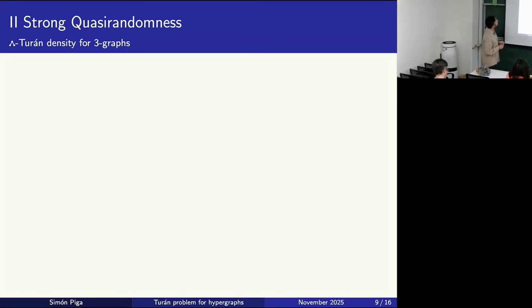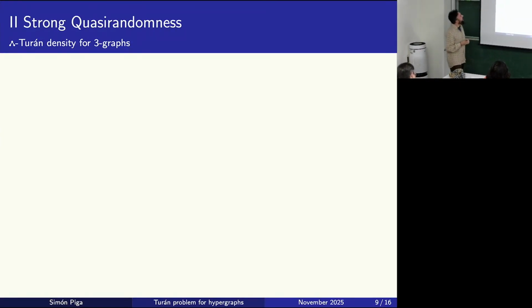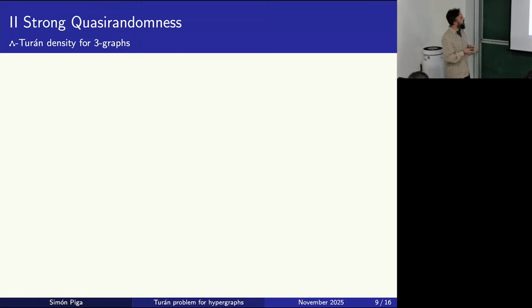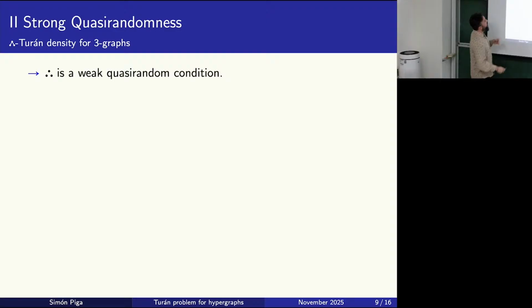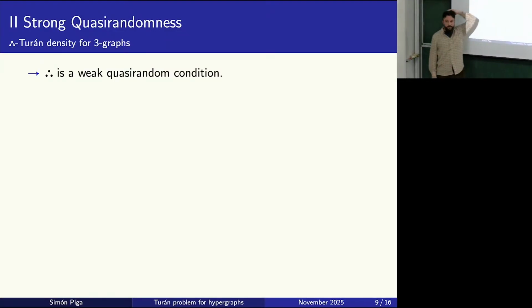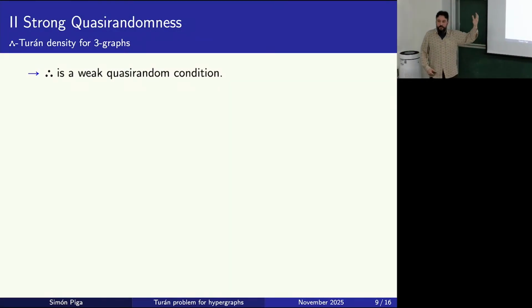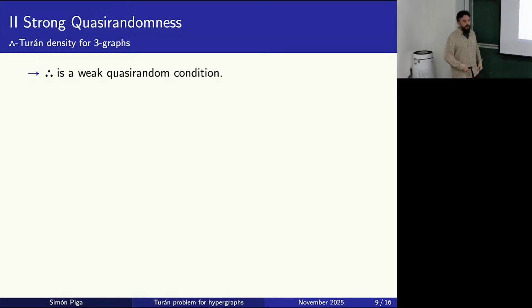Let me show you then the second approach, this idea of the stronger quasi-randomness. This 3-dot density, or 3-dot quasi-random condition, is known as the weak quasi-random condition because in a sense it is the weakest that you can define.